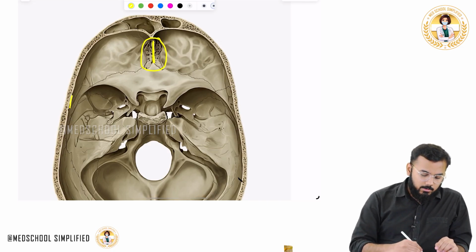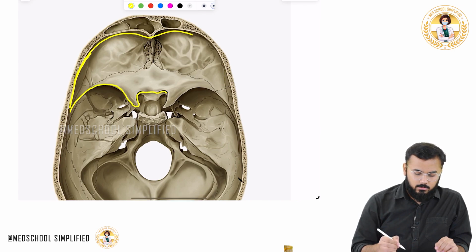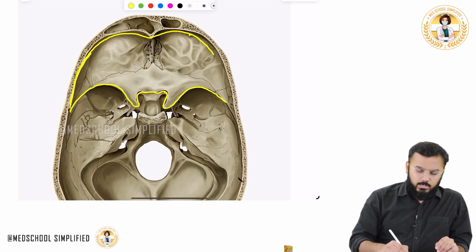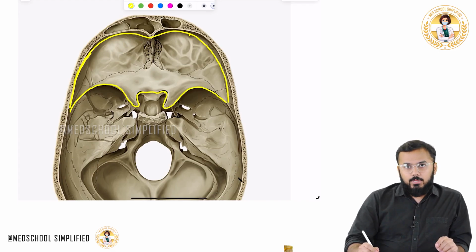Now important clinical point you need to know is that this entire part is your anterior cranial fossa, right? Now, out of all the parts of this anterior cranial fossa, you know that there are three bones, right?